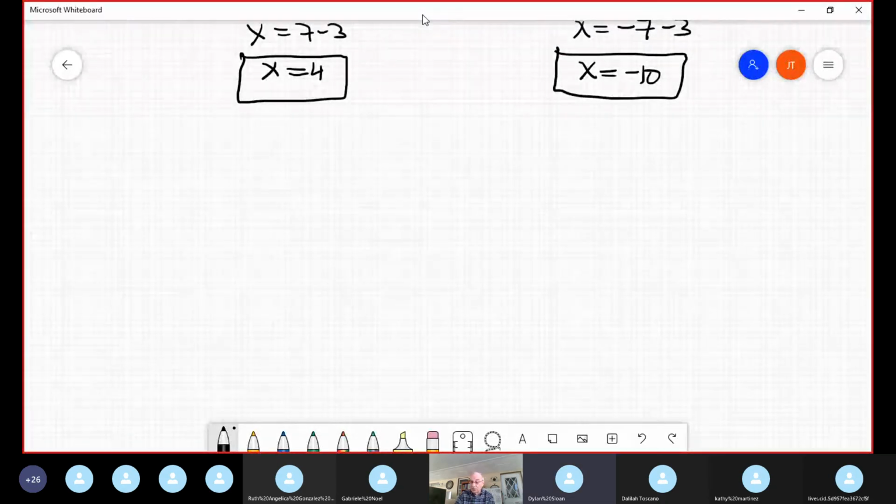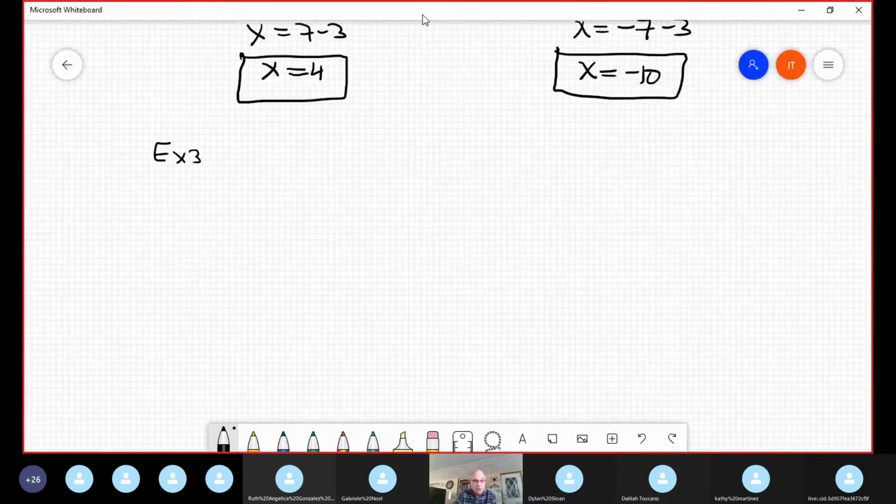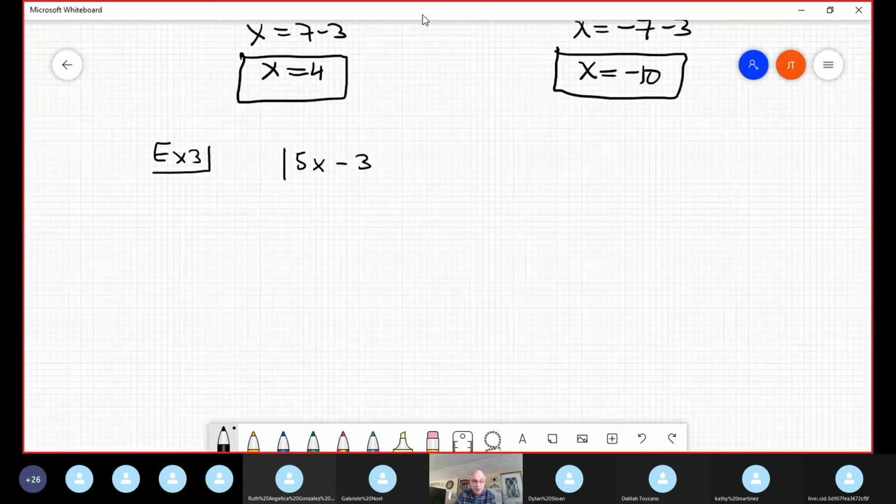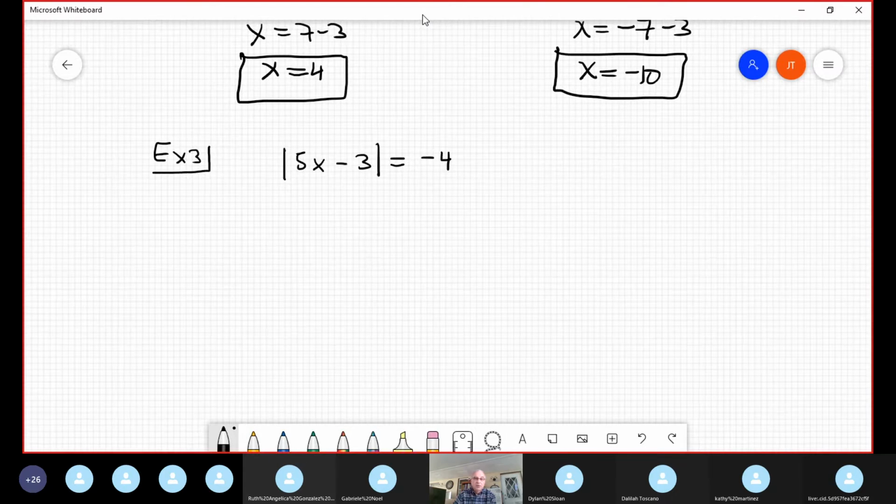Okay, let's move on to example 3. Example 3 brings a new situation. Suppose absolute value of 5x minus 3 equals negative 4. Be careful, this is a special case. Why?